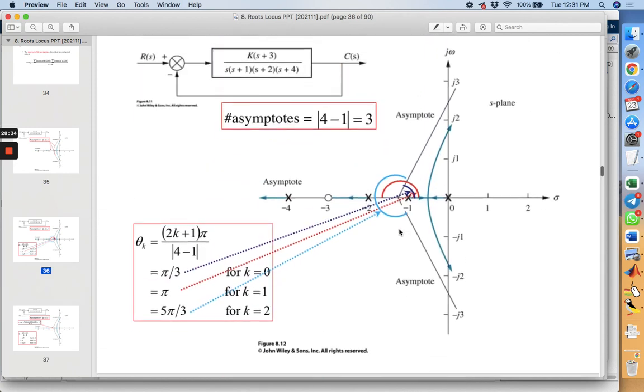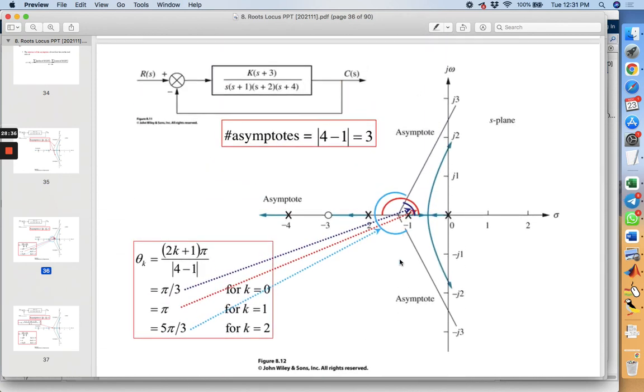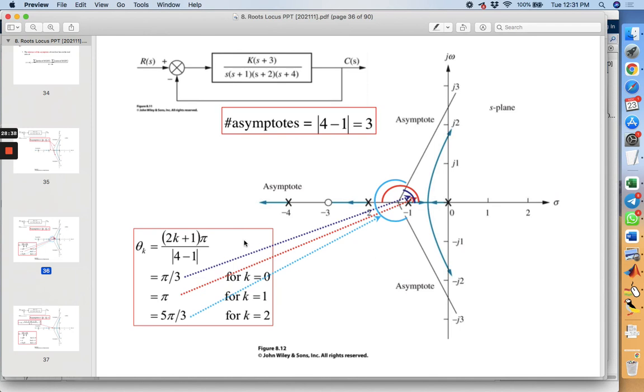And we can calculate the angle of asymptotes using the formula (2k + 1) multiplied by pi, or 180 degrees, over the absolute value of 4 - 1. K indexes the asymptotes. So we have 3: k equals 0, k equals 1, k equals 2.